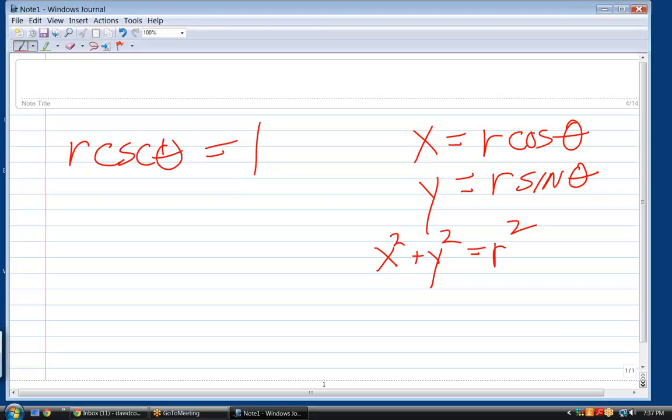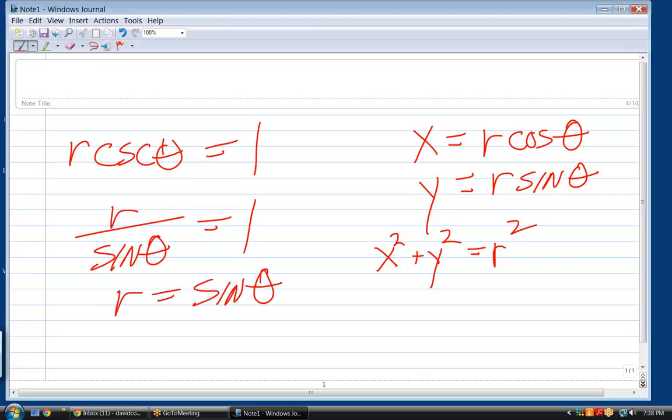Okay. Well, this is the same as r over sine theta equals 1. Well, let's multiply both sides by sine theta, so we get r equals sine theta.